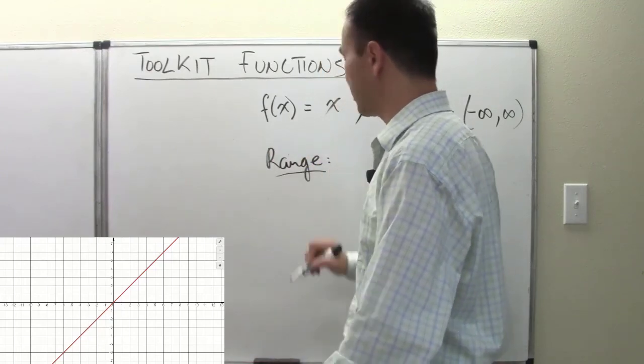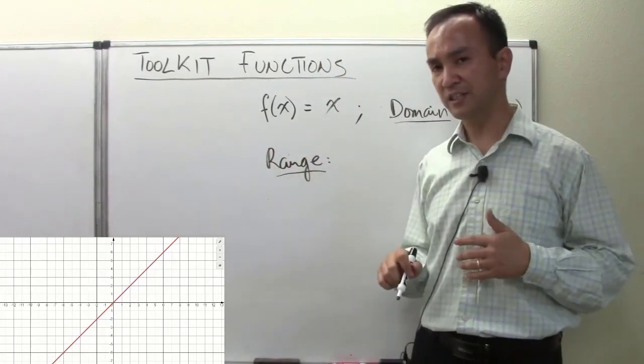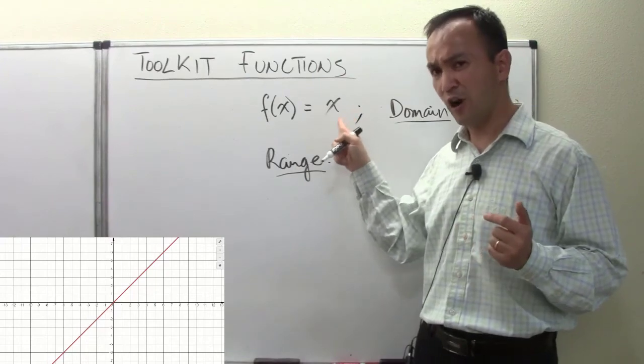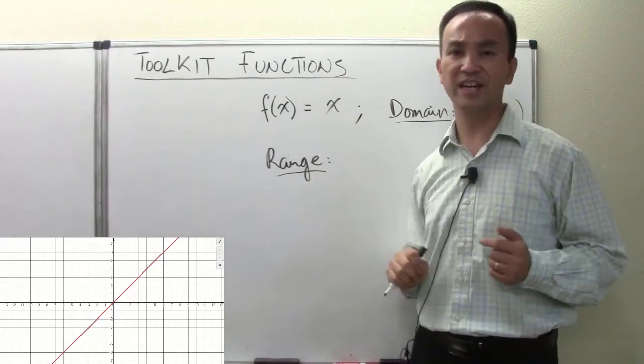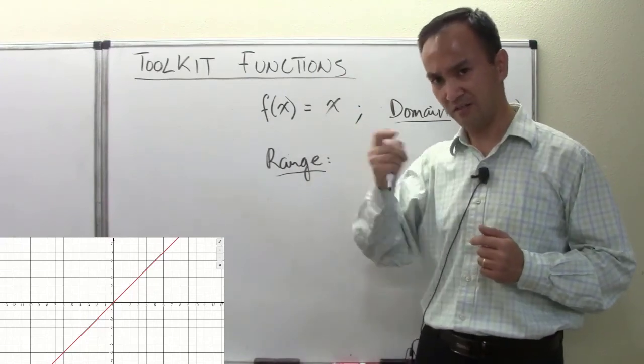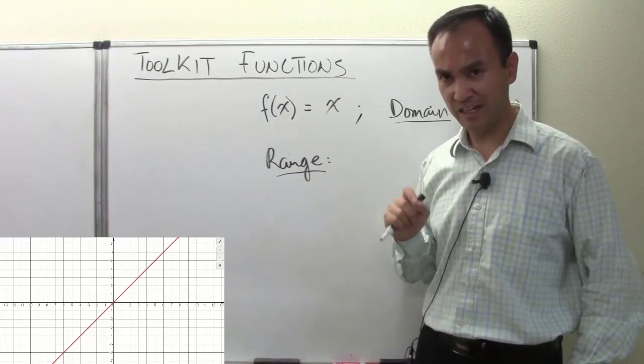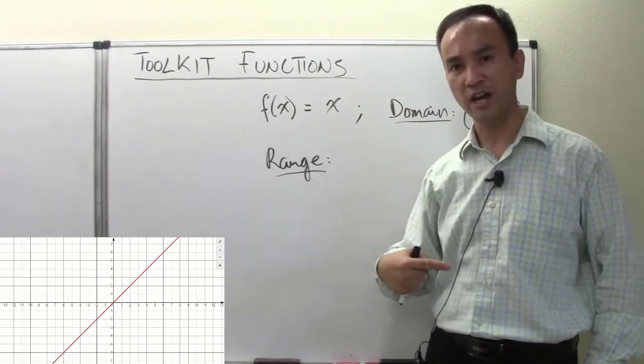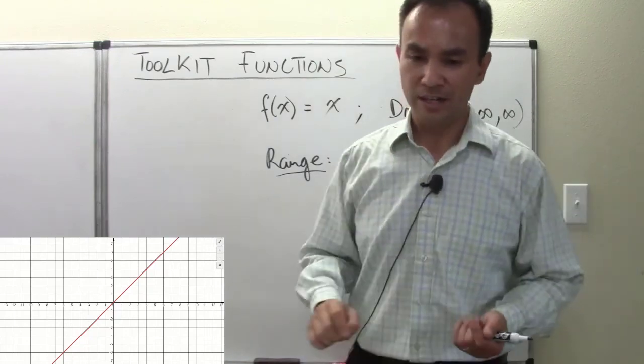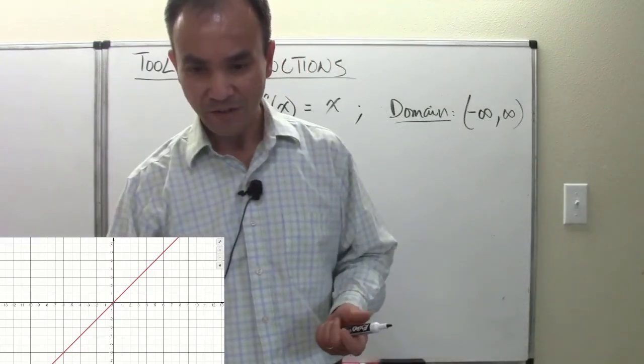When you're trying to identify the range for this function, you know the rule and you see the graph right in front of you. So let's use both interchangeably and flexibly to identify the range, the vertical spread of our graph.